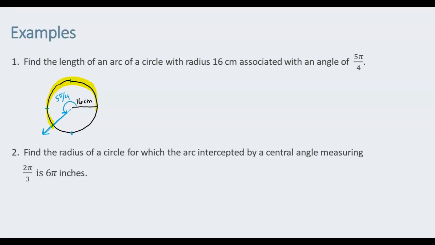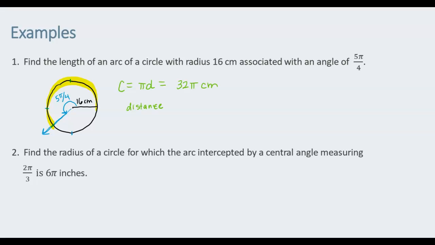Well, one way to think about this is, what is the circumference of this circle? The circumference is pi times the diameter. In this case, that would be 32 pi centimeters. And how far around the circle are we going? We're going half plus an eighth. The distance is 1/2 of the circle, 1/2 of the 2 pi, which is pi, right?